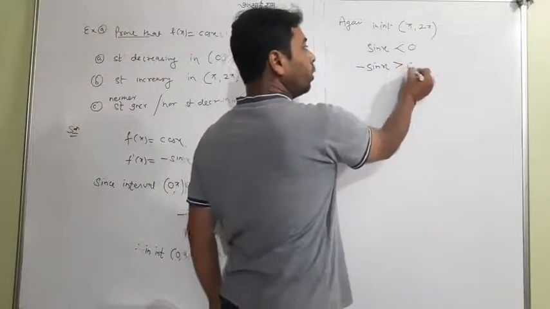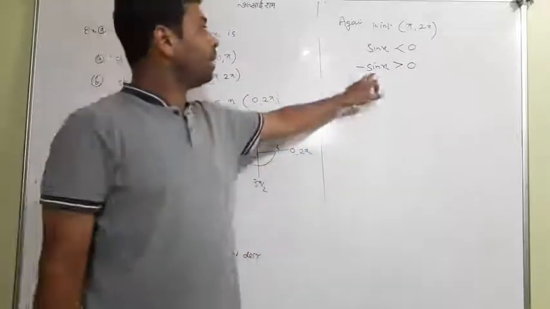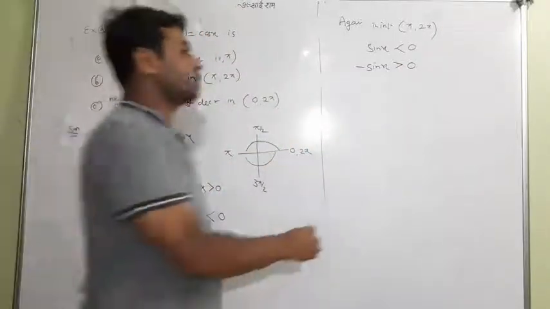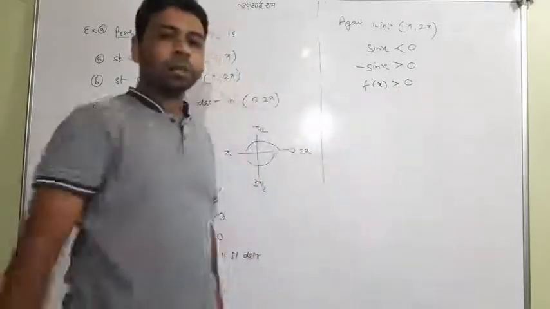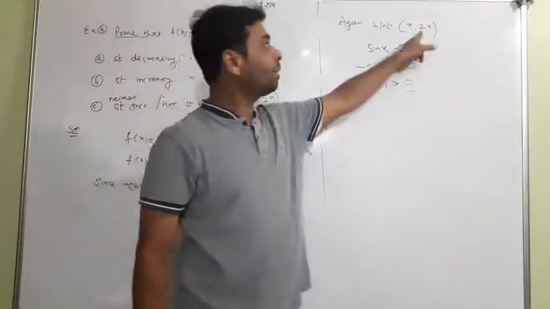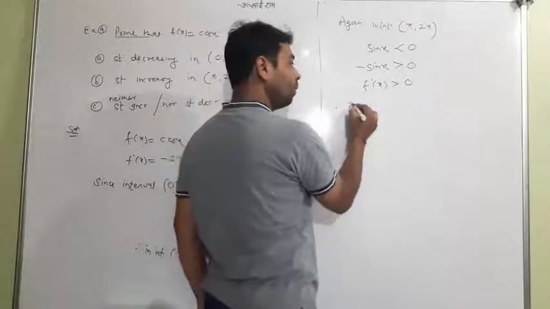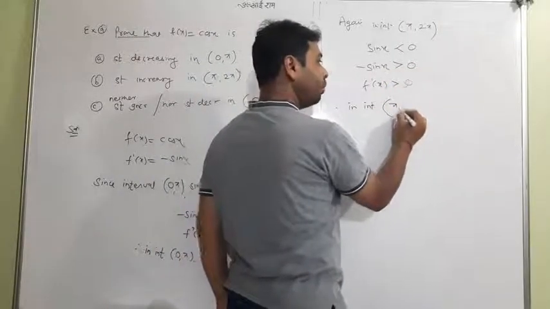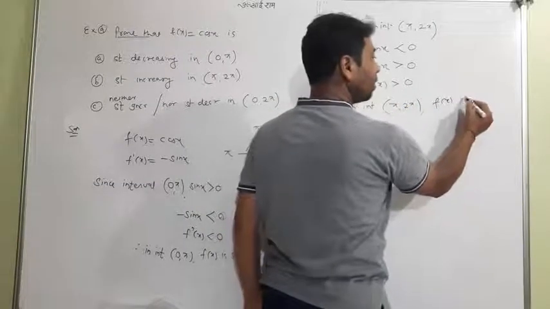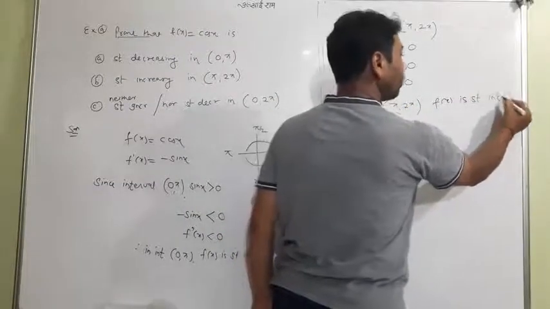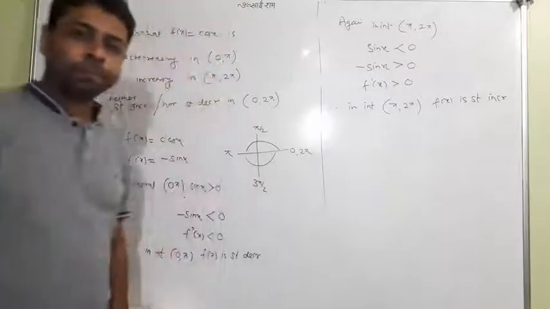So it is going to be positive. And minus sin x is equal to f dash x. Now what have you shown? f dash x is positive in this interval. So in interval pi to 2 pi, f dash is positive, meaning the function is strictly increasing, and that is very simple.